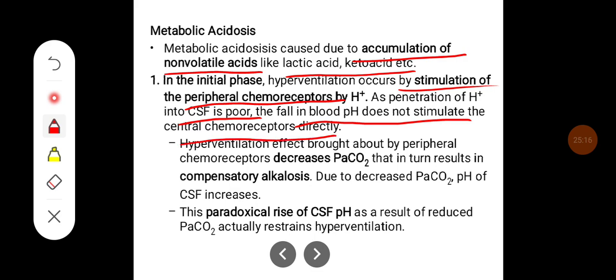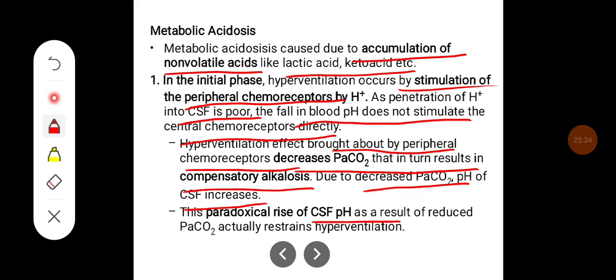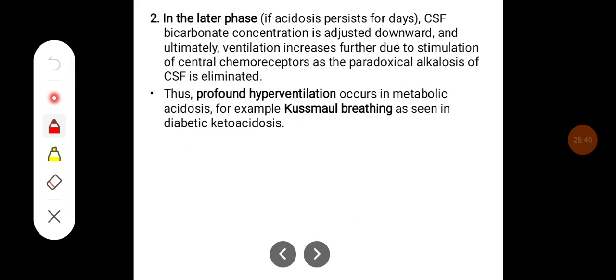The hyperventilation brought about by the peripheral chemoreceptors decreases PaCO₂, which in turn results in compensatory alkalosis. Due to the decreased PaCO₂, the pH of CSF increases. So this paradoxical rise in CSF pH as a result of reduced PaCO₂ actually restrains hyperventilation.